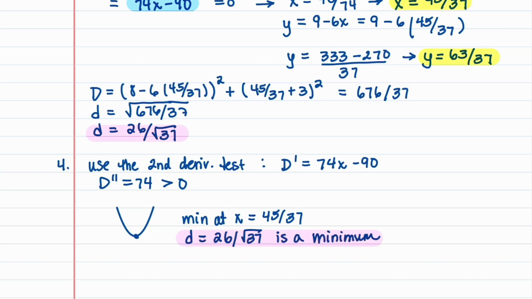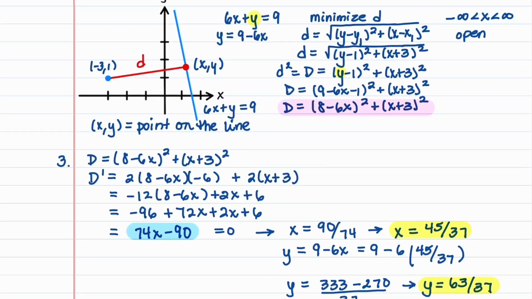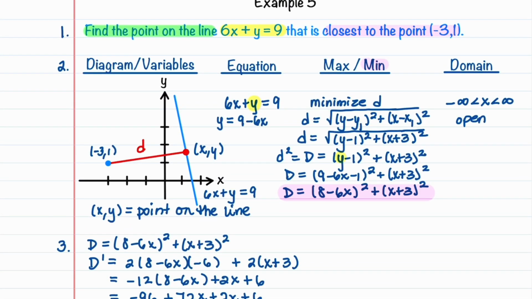Now we are almost done. We just have to write down our final answer. To do that, we need to go back up and reread our problem and then clearly state our final answer in a sentence. We need to find the point on the line that is closest to the point -3, 1.